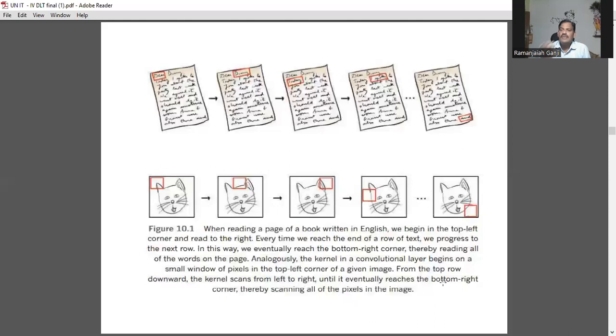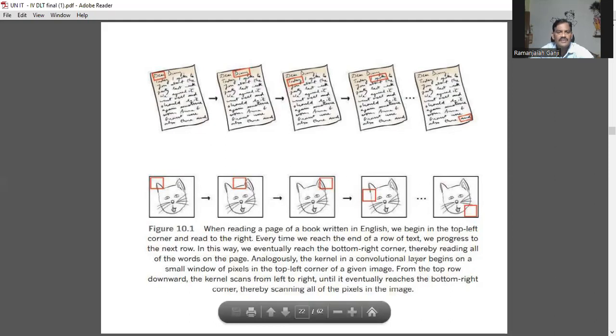See, while reading your notebook or your material, we start at the top and move on to the last, again from left to right, left to right. In this way, we move on to the last component, the bottom right element. In the convolution layers also, the same activity is executed in this fashion.